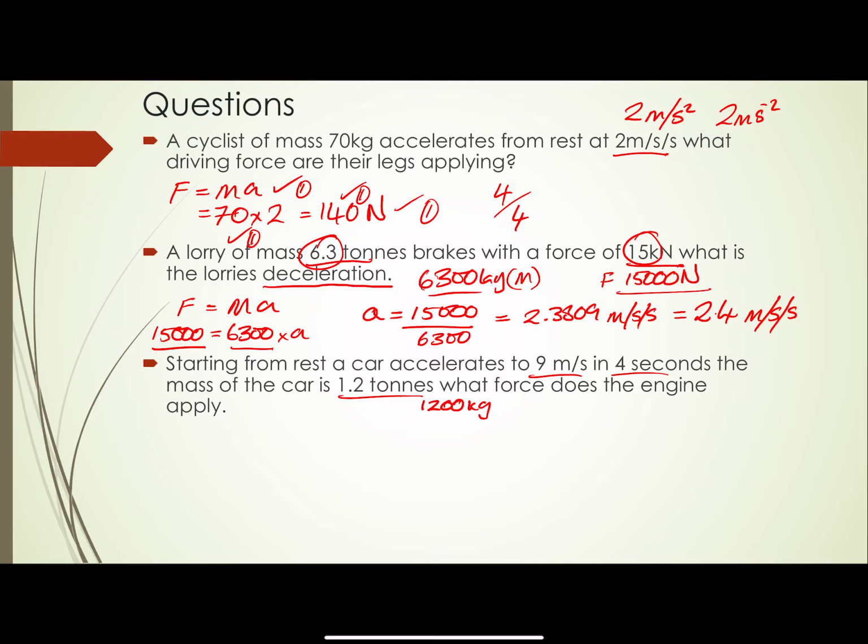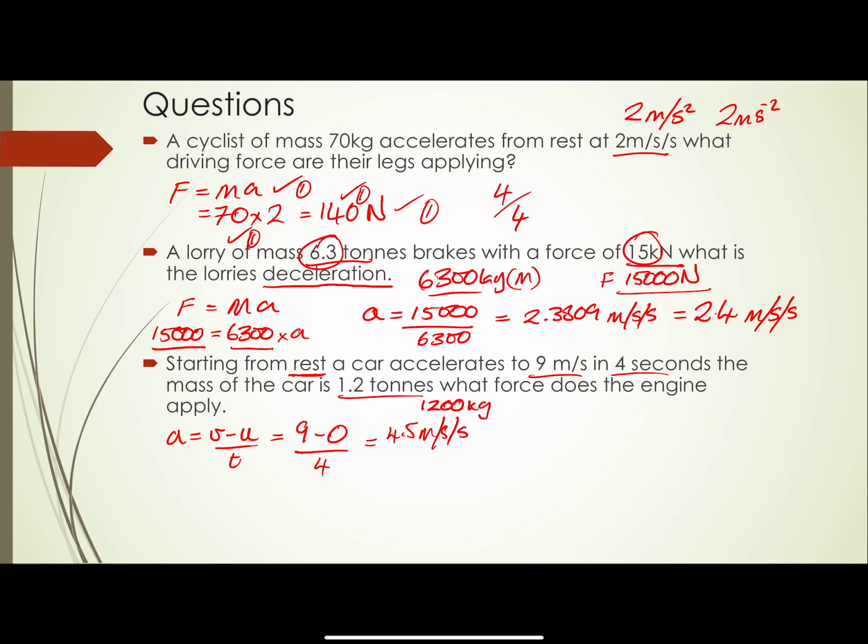Well, to use F equals ma this time, we need to work out the acceleration. And a equals v minus u divided by t. So the final velocity v is 9, minus the initial velocity, well, it says from rest, so that's 0, divided by the time, which is 4, which gives me an answer of 4.5 meters per second squared.